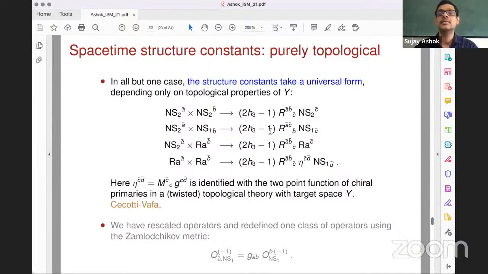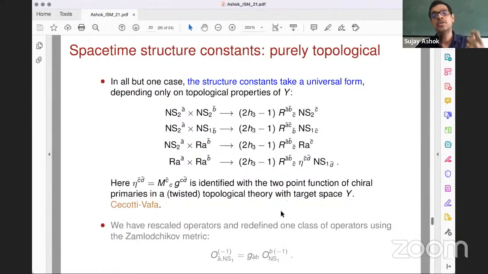What we find is that in all but one case, we get a universal coefficient that depends on the conformal dimension of the field on the right. So h3 is something like h1 plus h2 minus 1. Everything that appears on the right-hand side is purely topological. It's either a structure constant of the worldsheet theory on Y, or it's what is called the topological metric by Cecotti and Vafa.